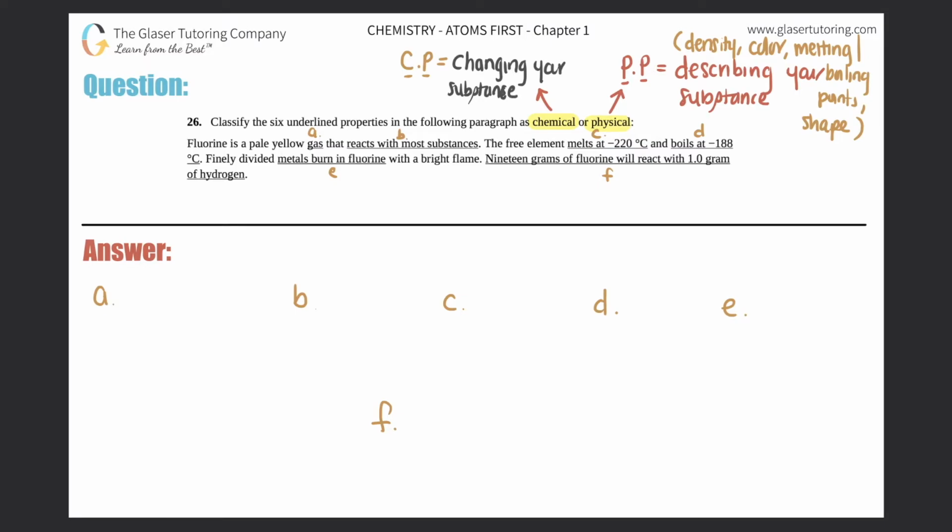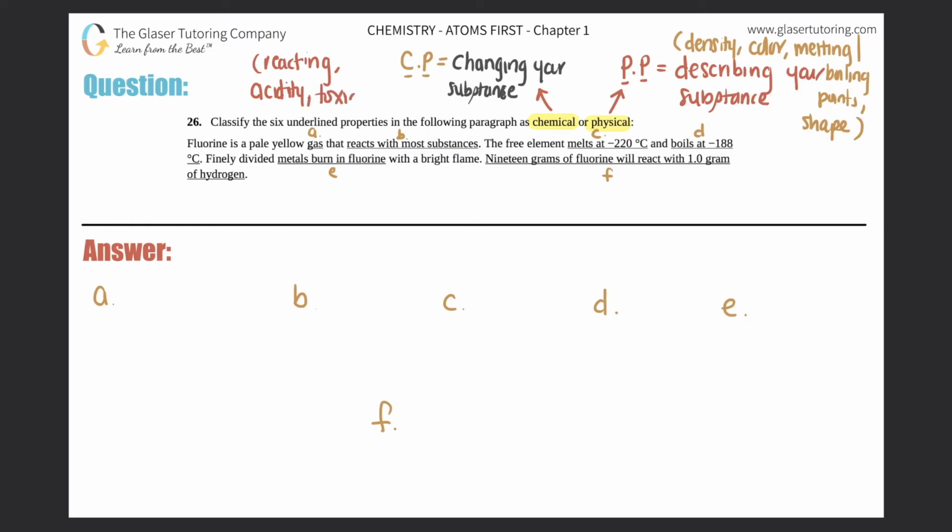So it could be disguised by certain words. So I'll put them over here. Reactivity. If they're saying that something is reacting with something else, you're making a new substance, you're changing it, that's reacting. So reacting, acidity, adding acid to something, that would be a chemical property.